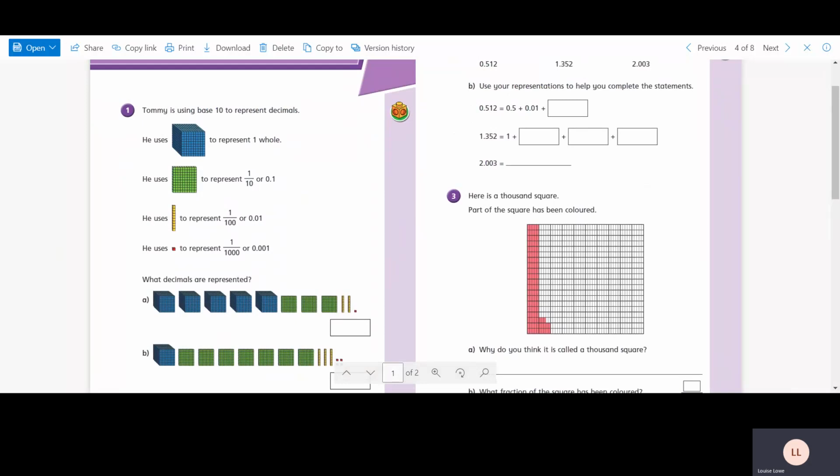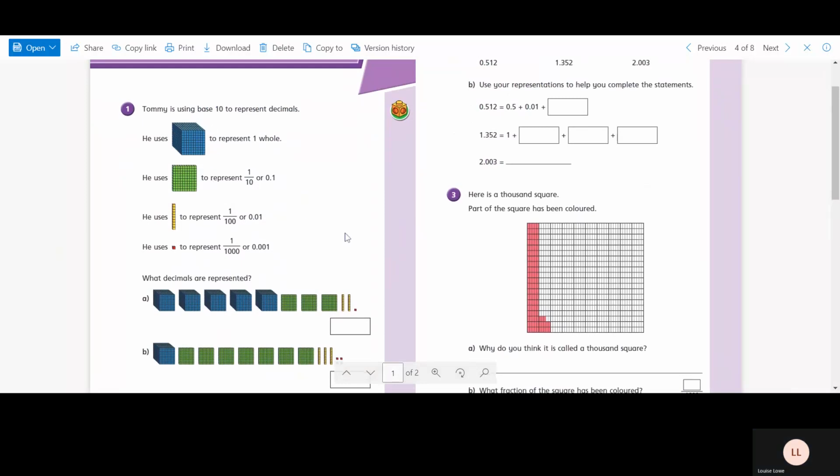And then the yellow block, I'm just circling the one that I'm looking at, that's a 100th of that blue block, of that whole one, or 0.01. And if you've just got the one cube, the red one down here, out of this big blue block, that's 1,000th or 0.001, because there are 1,000 of those little blocks in this big blue block here.